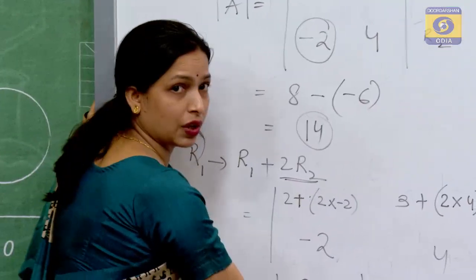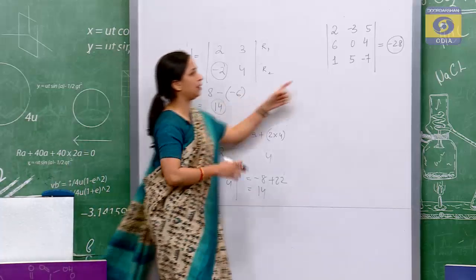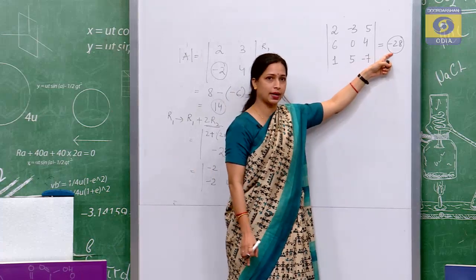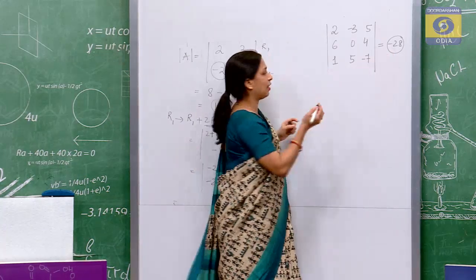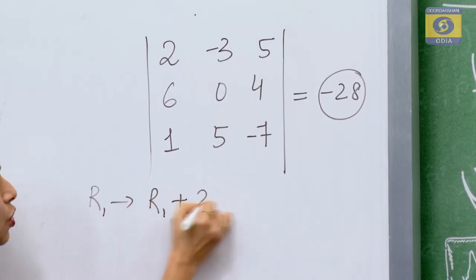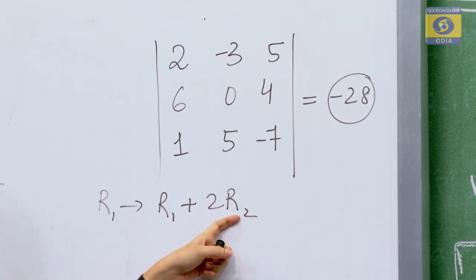Now, if we use the same property in an order 3 determinant, for example this problem we have already discussed, we have found the determinant to be minus 28. Now, remember, if I say row 1 is row 1 plus 2 R 2, that means here I have used a multiple of another element of another row.